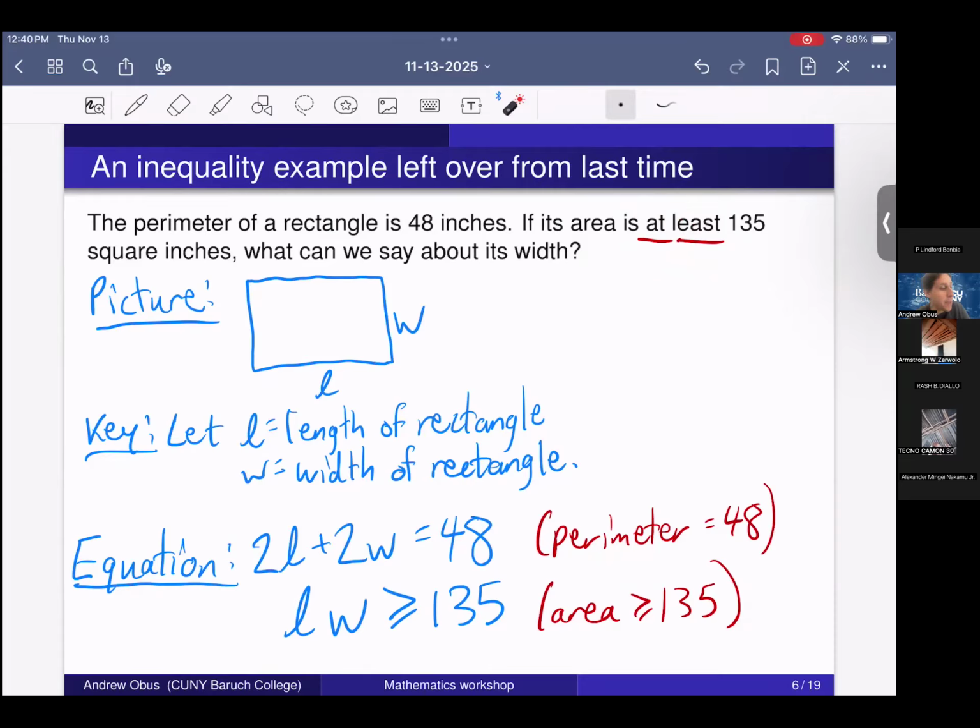If it said the area is greater than 135 square inches, that would mean using the greater than sign. But at least means greater than or equal, because if the area is exactly 135, that's okay. It doesn't have to be strictly greater than 135.